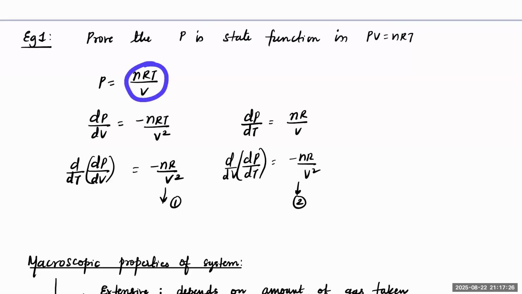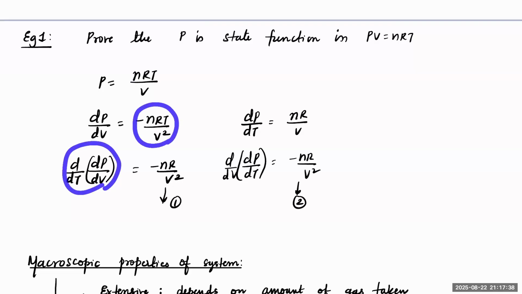So what do I get? I'll get minus nRT/V², correct, if you differentiate that with respect to V. And then differentiate that with respect to T. This part, you differentiate with respect to T, so it will become minus nR/V². And do the same thing here, first with temperature, then with volume.